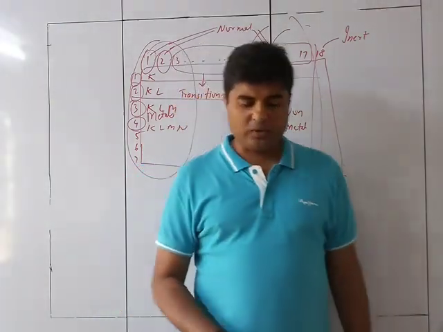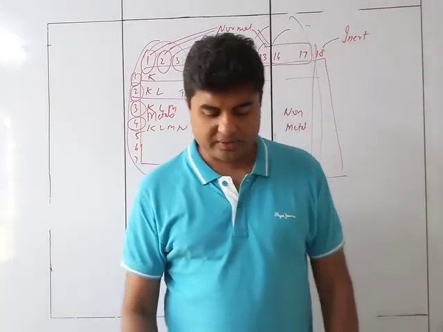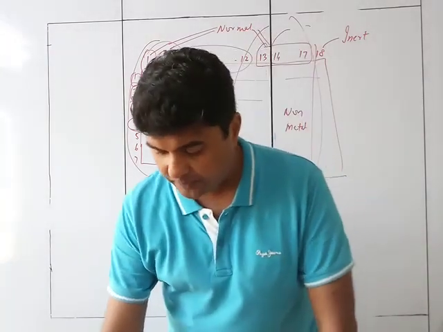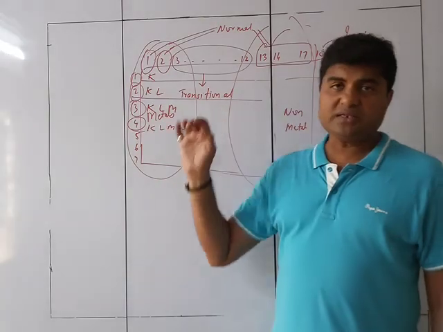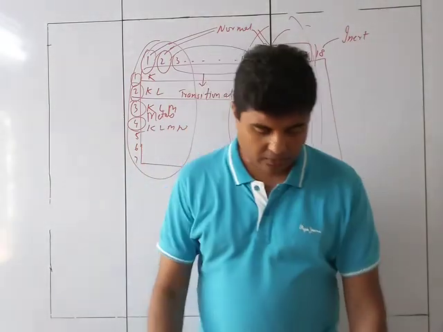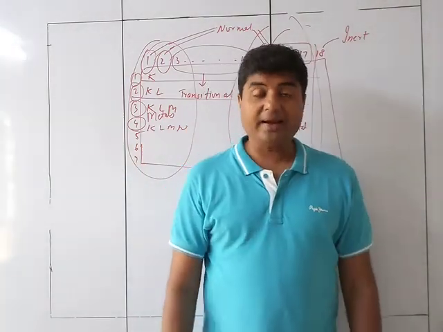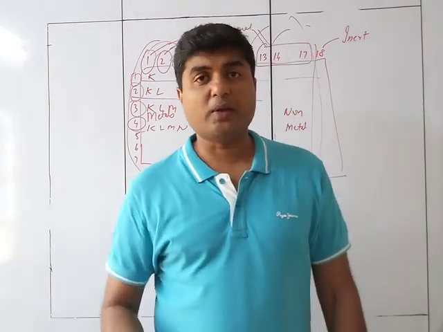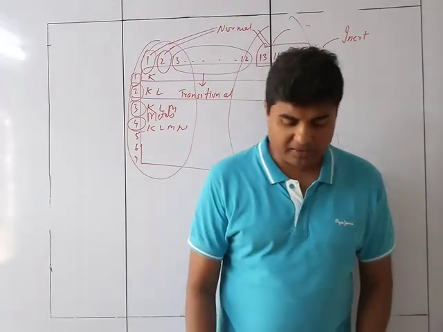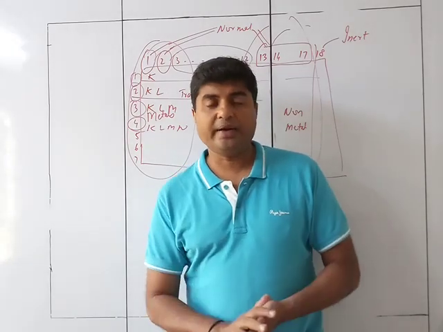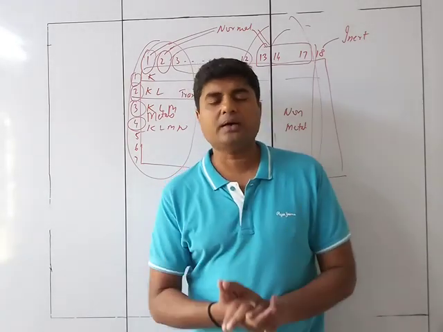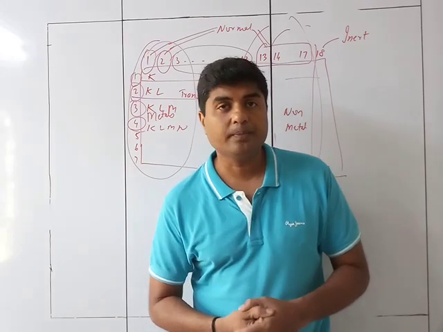That's why it is called the shortest period. The next one, period 2, has got 8 elements. It starts with lithium and ends with neon, so atomic number 3 to atomic number 10, which is also a short period, with only 8 elements in that particular period.